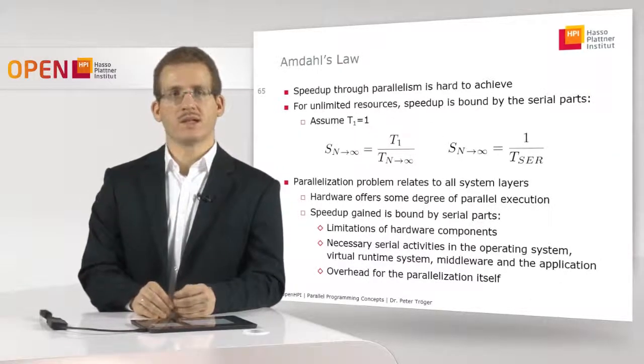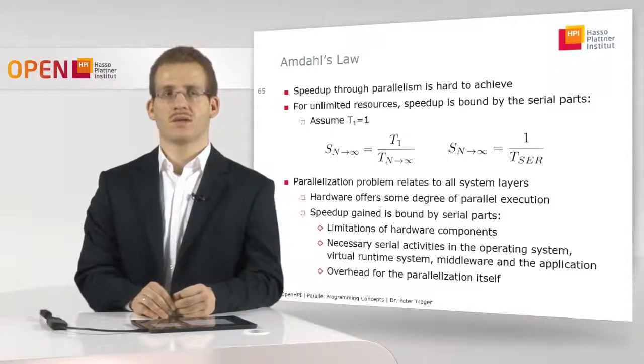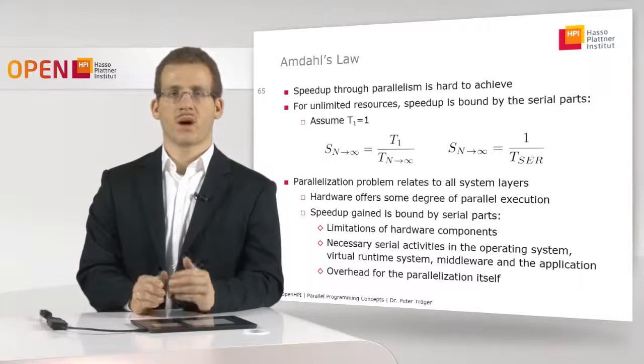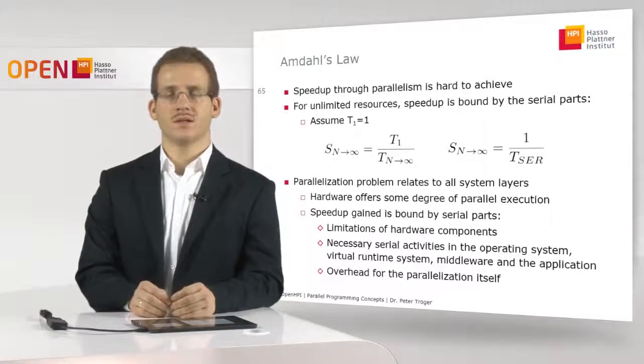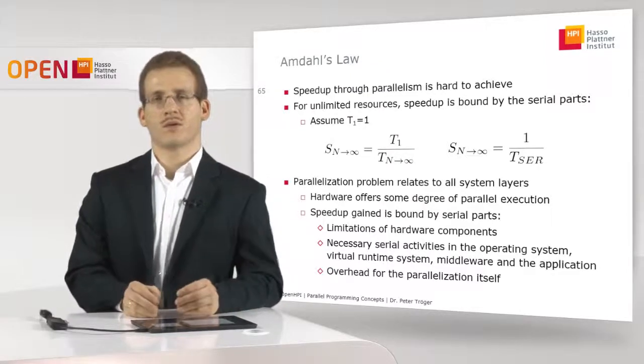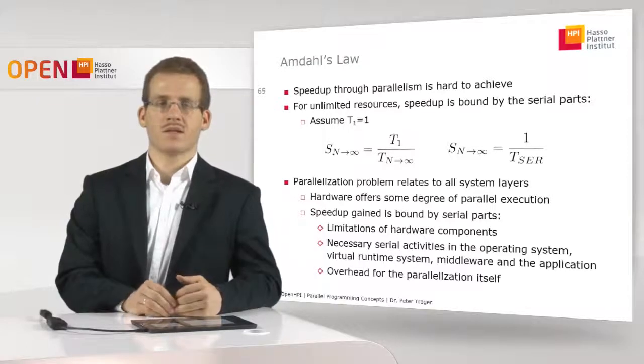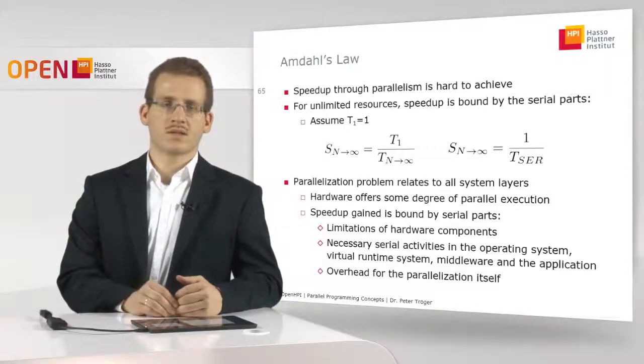The reason for this is that the speedup you get according to Amdahl's law is limited by the serial part. So the serial part is actually the bound you have when you increase the number of resources constantly. You can see this here in this formula. Going with n towards infinity leads to the fact that the speedup is limited by the serial parts only.